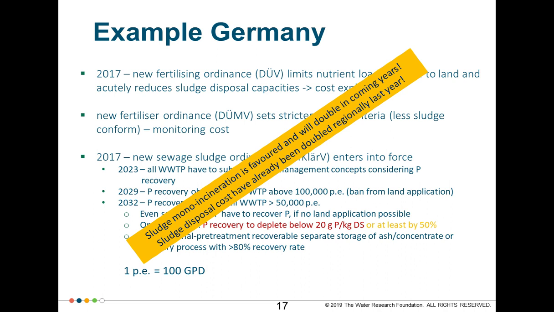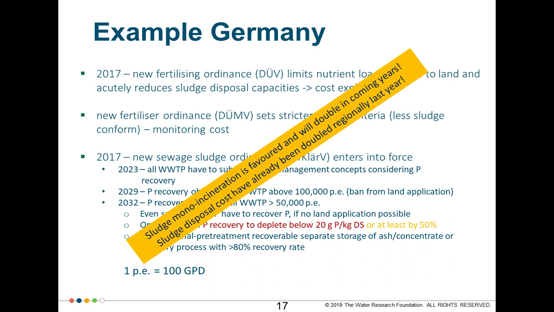And most popular, the new sewage sludge ordinance in Germany, setting recovery targets for phosphorus for the bigger wastewater treatment plants, meaning the ones above 100,000 person equivalents starting from 2029, or 2032 for the ones bigger than 50,000 person equivalents. So some issues there.